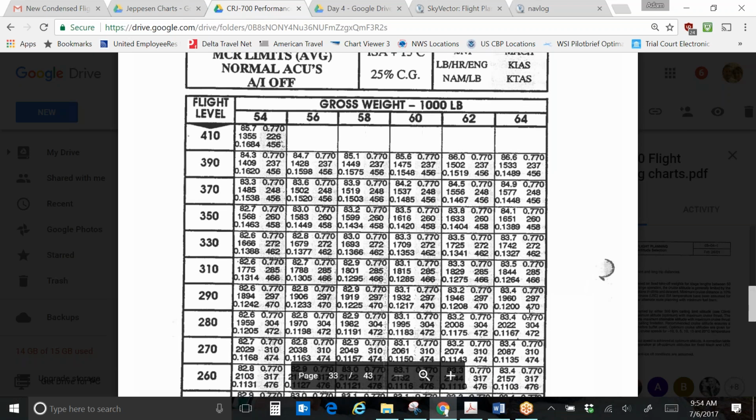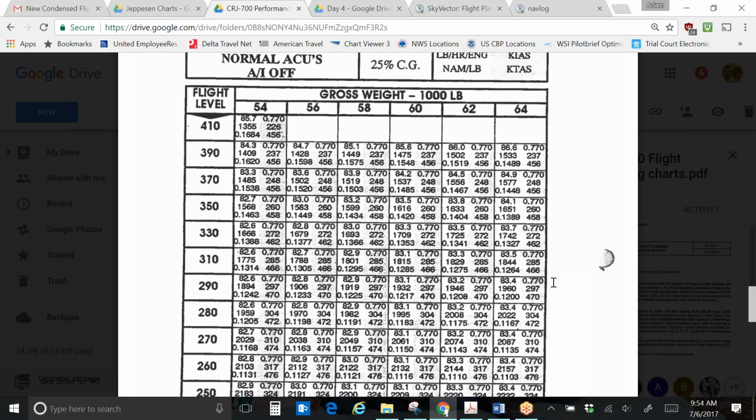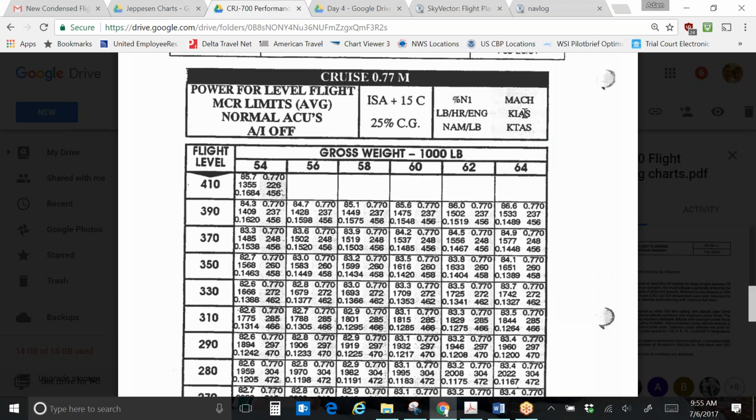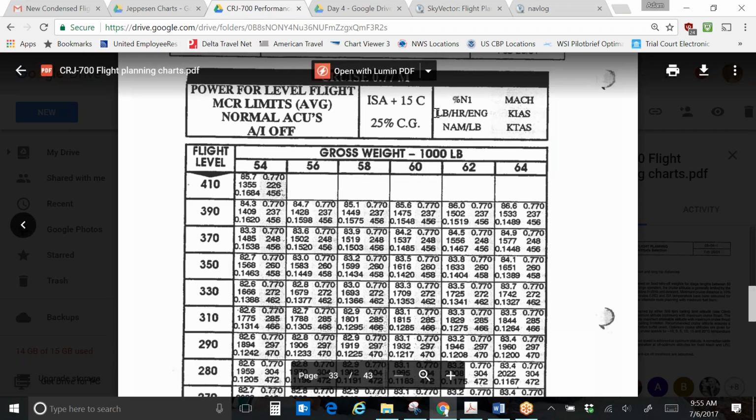So there's only three things that we want to take off of this. First is we want our pounds of fuel per engine per hour on this, and then our, well, really only two things, sorry, they're pounds per engine per hour and our true airspeed.